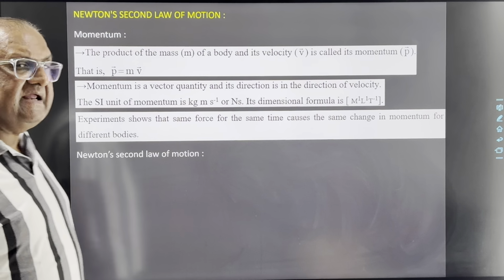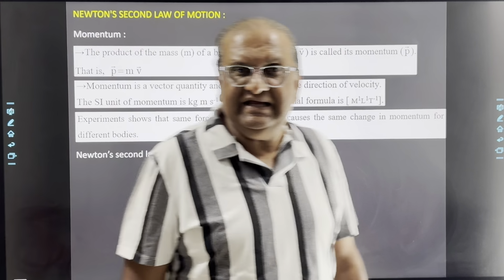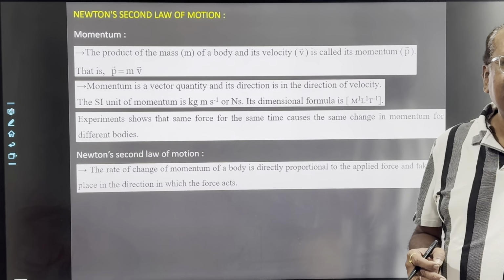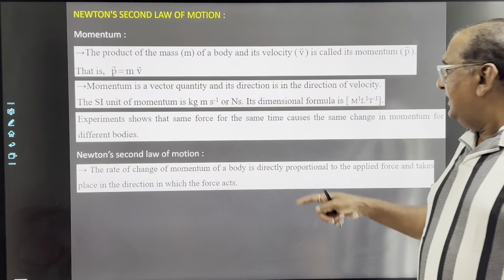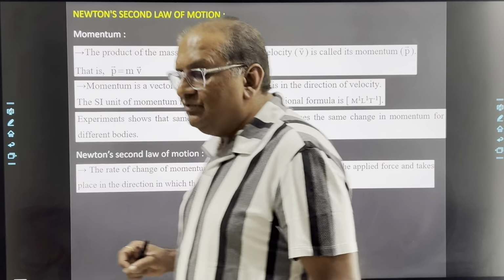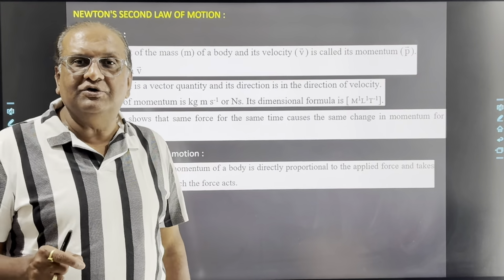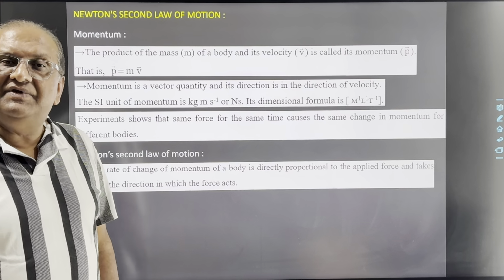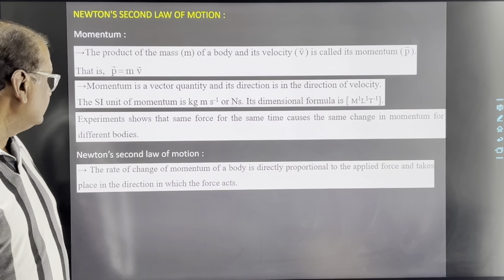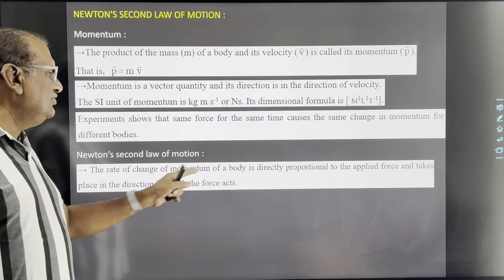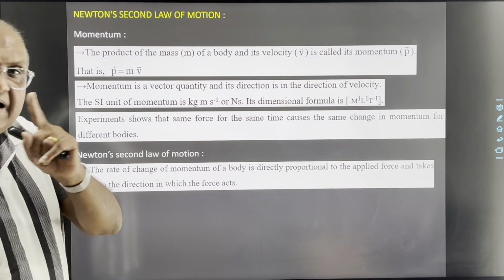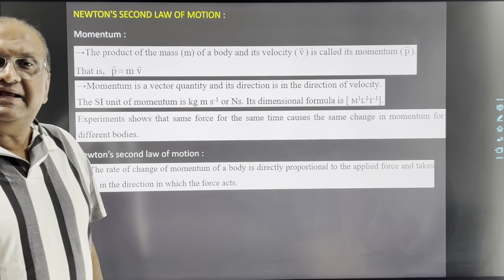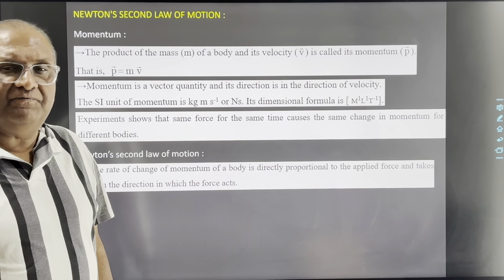Now Newton's second law of motion says: the rate of change of momentum is directly proportional to the applied force and is in the direction of the applied force. So the rate of change of momentum of the body is directly proportional to the applied force and takes place in the direction of force.